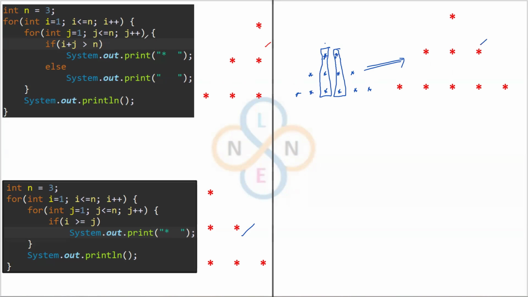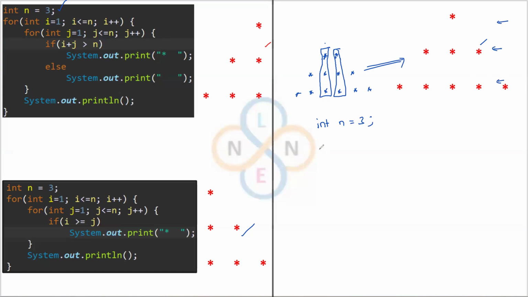Then it means it's the same code we have to use together with some small changes. What are the small changes? First, int n equals 3 is the same line of code. Then one for loop for rows. How many rows are required here? Row 1, row 2, and row 3. 3 rows are required.